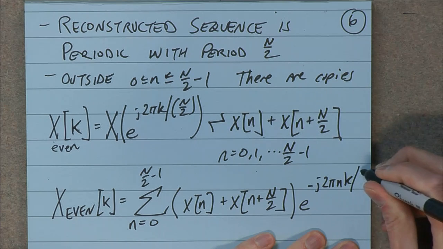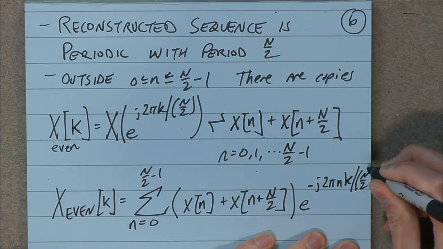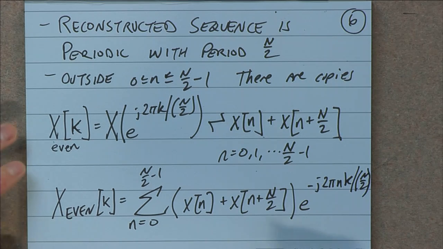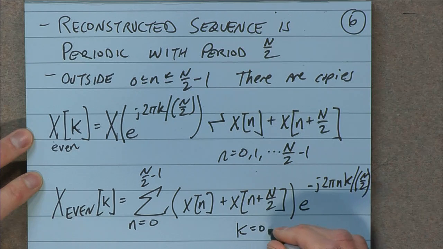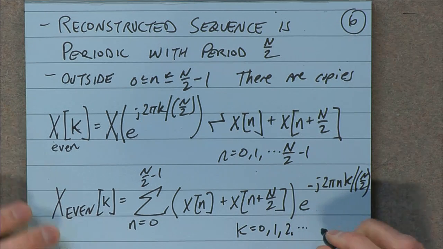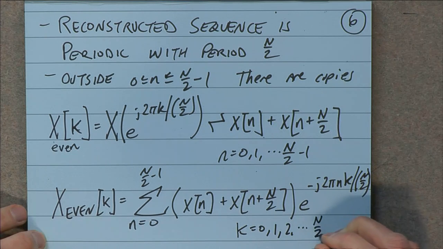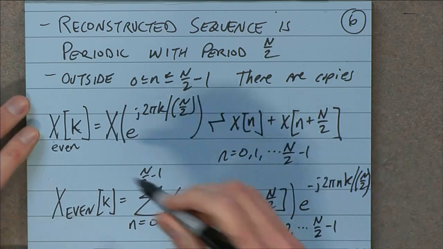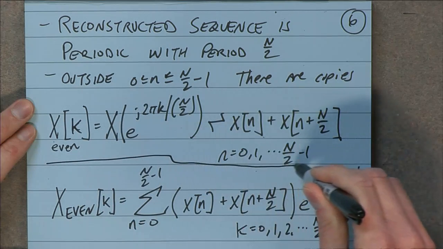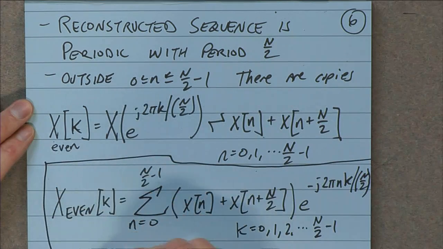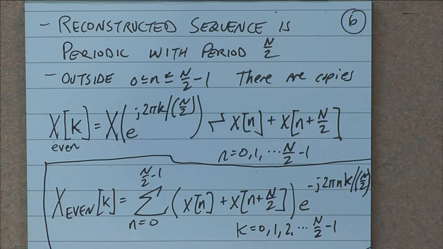And that's all over N over 2. I'm trying to make this neat because this is going to be kind of a boxed formula, because we're going to revisit this later.